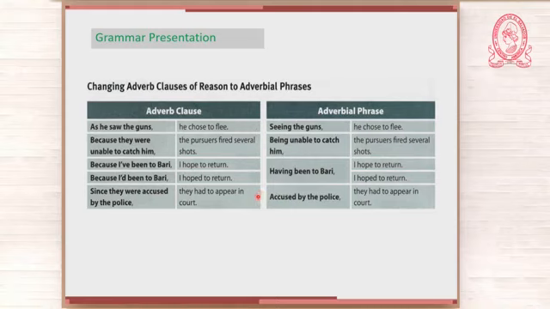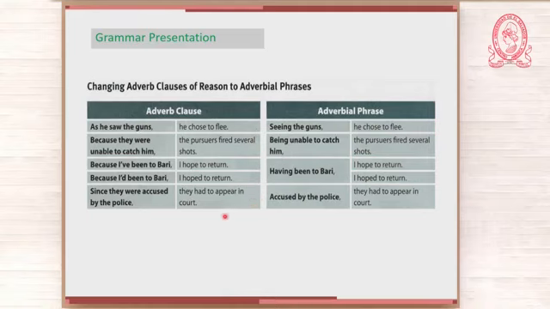Can you tell me? Since they were accused by the police, they had to appear in court. What is the difference? Ing, ing, but not here. Do you have the answer?